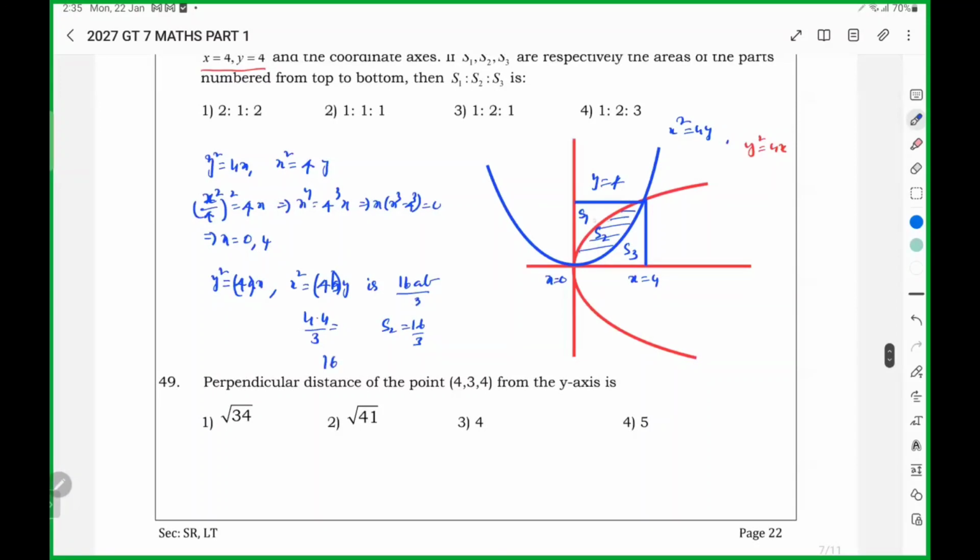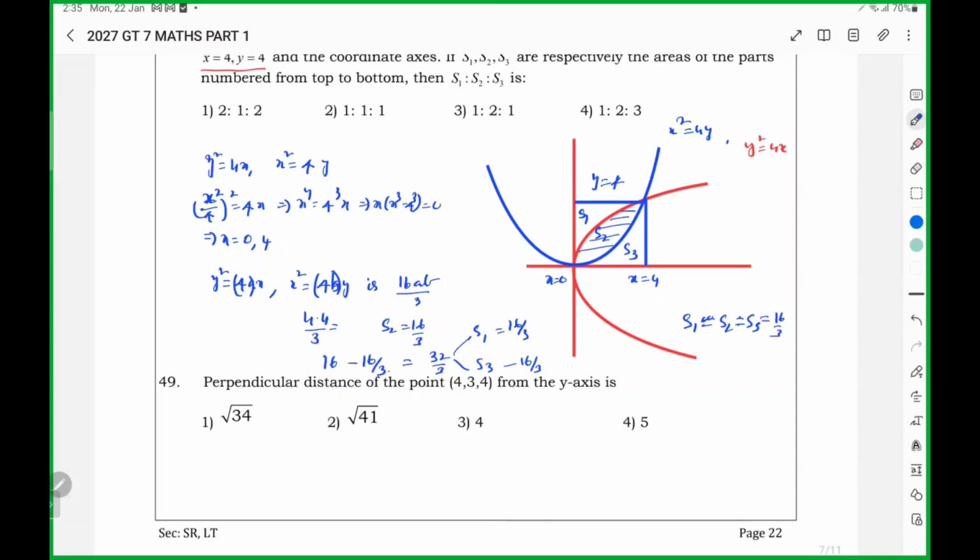The remaining area of the square is 16 minus 16 by 3, which is 32 by 3. Half of it is 16 by 3. So S1, S2, S3 are all equal to 16 by 3.